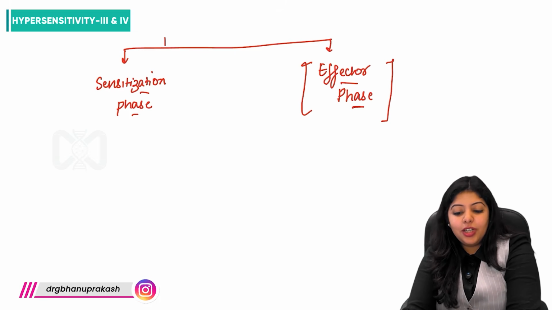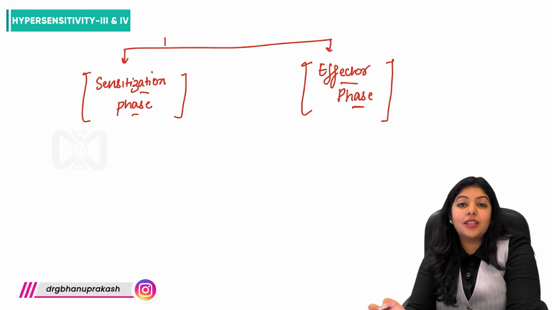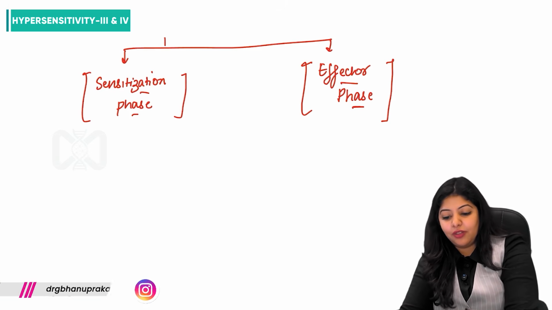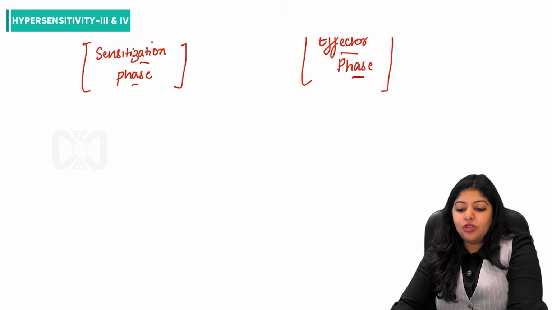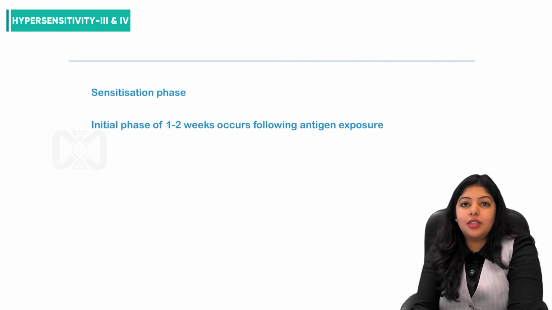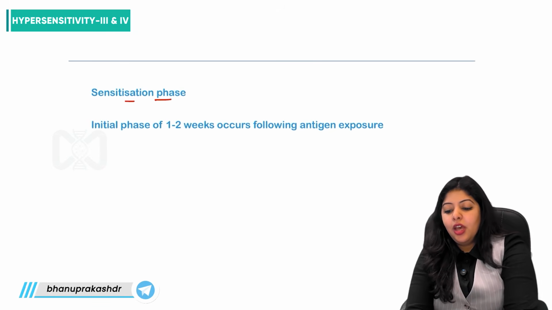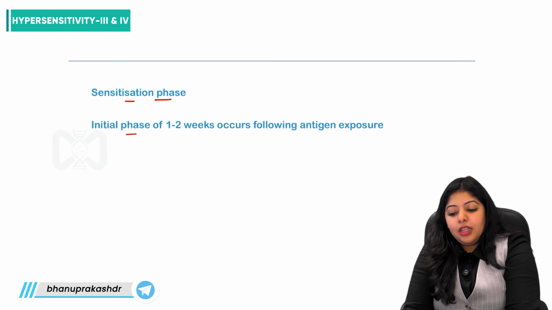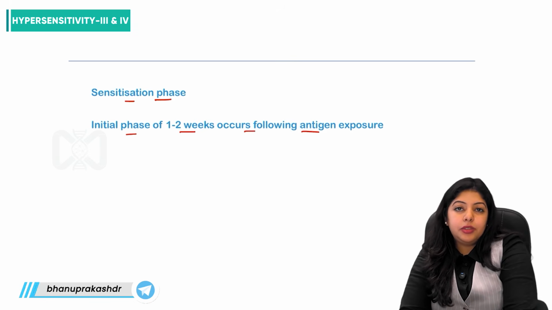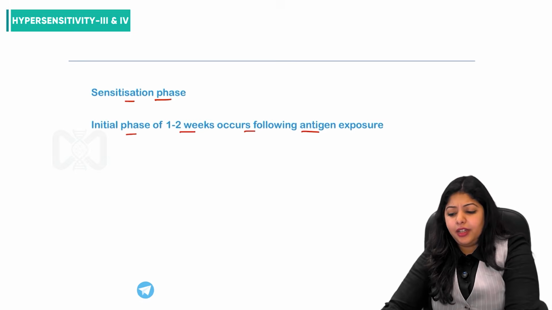So in general terms, this is what we mean by sensitization and effector phase, right? So what happens in the sensitization phase in type 4 hypersensitivity? There is an initial phase of around 1 to 2 weeks which occurs after antigen exposure.